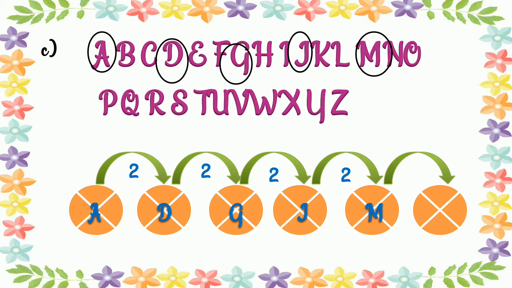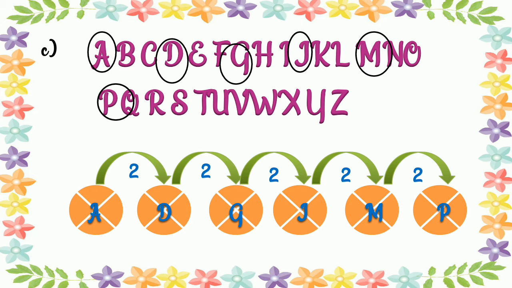So now we leave N and O. So our answer is P. So here we write P, two gap and we write P. So in this: A, then D, G, J, M and P. In this question we have to leave two letters to get the answer. So children, you all understand this question.